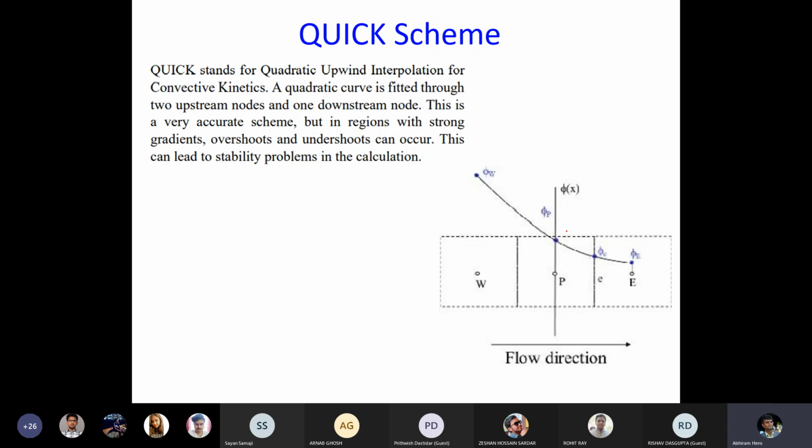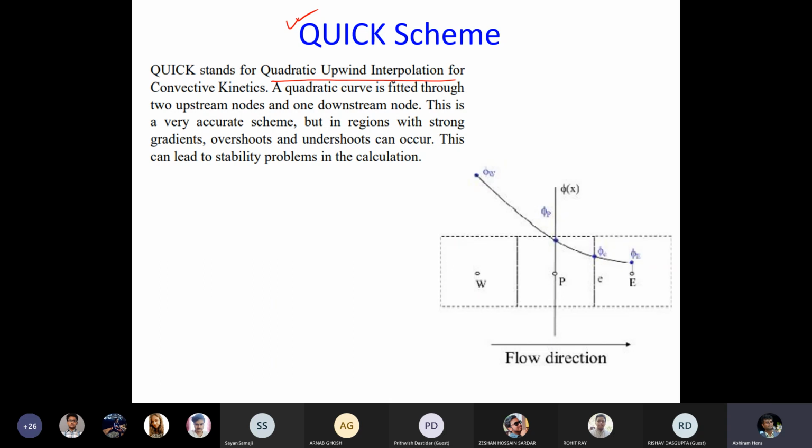Then there is the QUICK scheme. This is very popular. If you run ANSYS Fluent, you will see that the default option is this one, the QUICK scheme. Because ANSYS Fluent is a finite volume solver, you need to mention these interpolation schemes. QUICK stands for quadratic upwind interpolation for convective kinetics. This is basically important whenever there is some convective term.